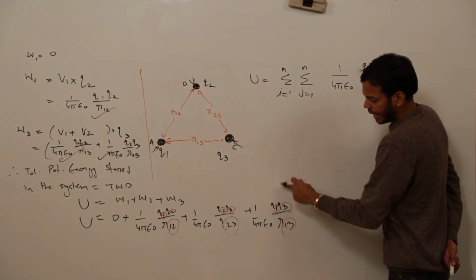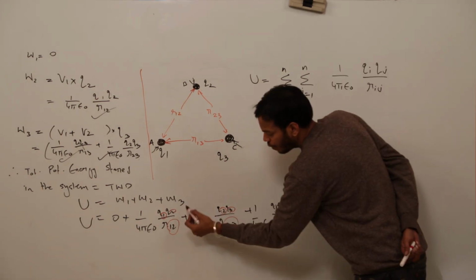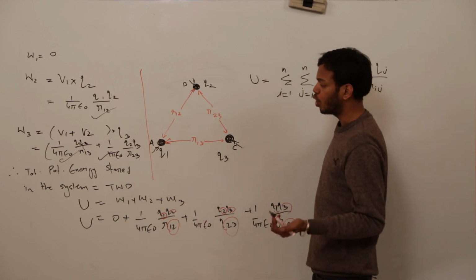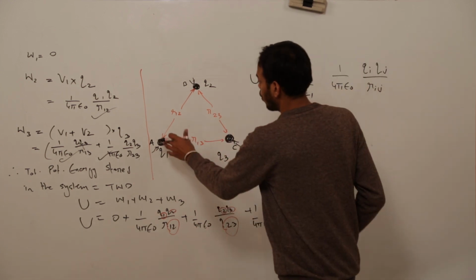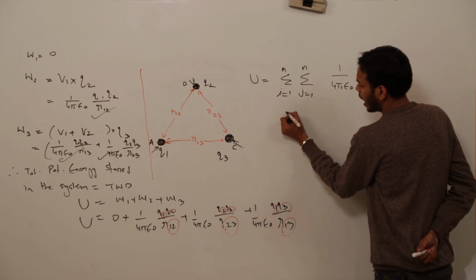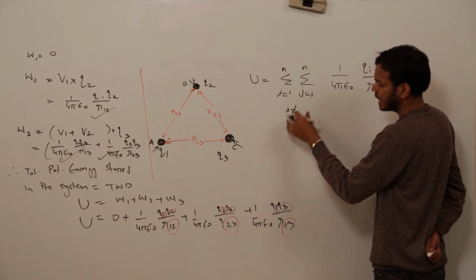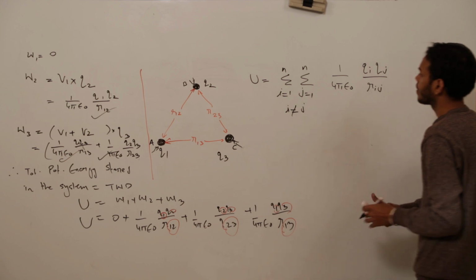Number one, there is not a single term where this is 1 1 and R11. Obviously it won't be, because there is no distance from one point to the same point. So I have to write a condition that I is not equal to J.